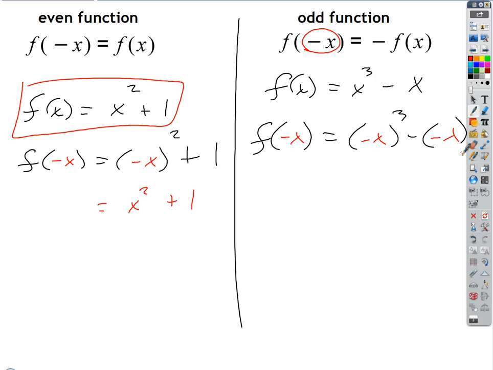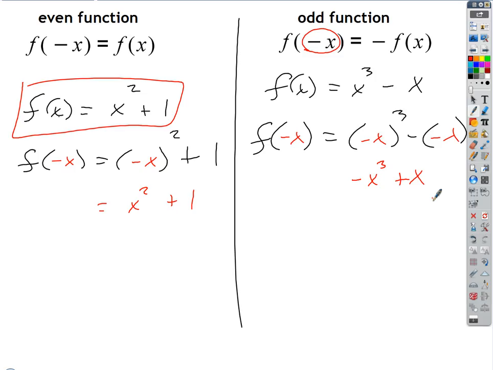What does that give us? Let's look at this first one. I get negative x quantity cubed. So negative 1 cubed is negative 1, because it's odd, it's going to stay negative, and then x cubed is just x cubed. Minus negative x, if I subtract a negative, what do we get?